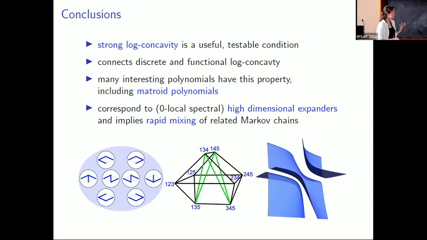It gives a connection between discrete and functional log concavity, which we saw in the beginning. It includes many interesting polynomials, in particular lots of polynomials associated to matroids. And it also has lots of nice implications for mixing times of natural Markov chains on these objects.